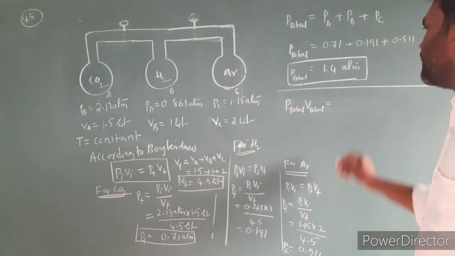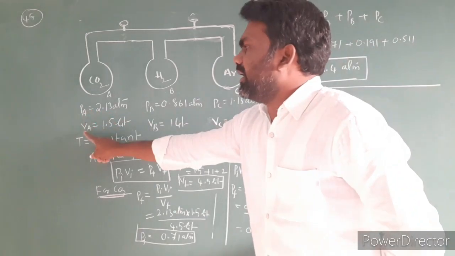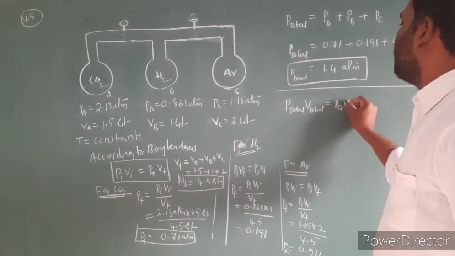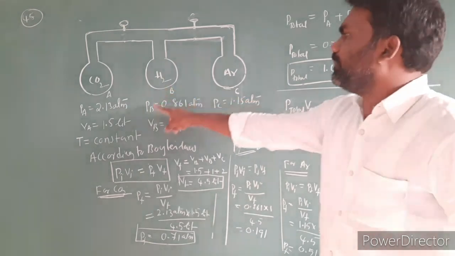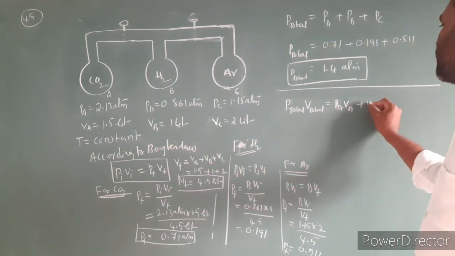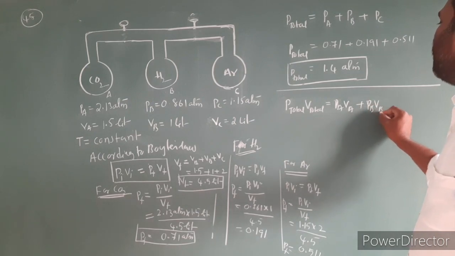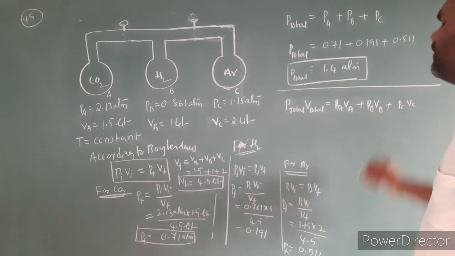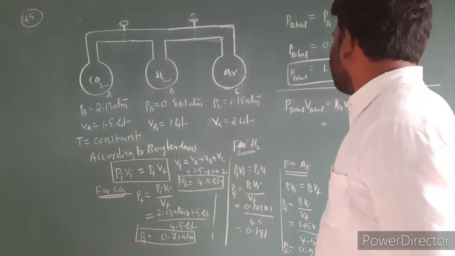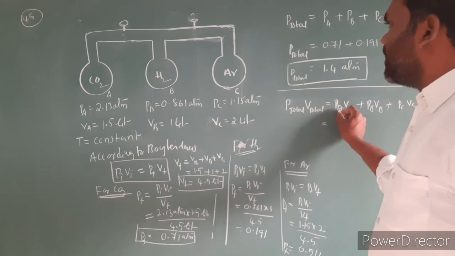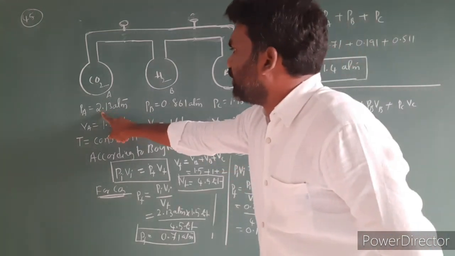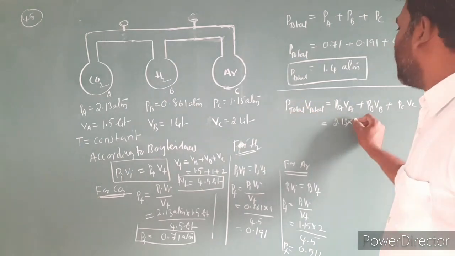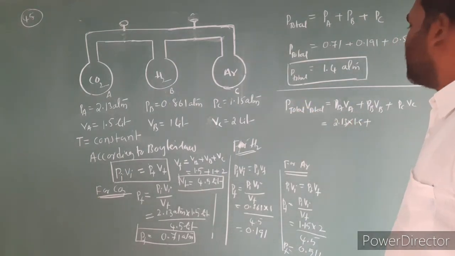P total V total is equal to PA VA plus PB VB plus PC VC, isn't it? Then that is equal to PA, how much we got? PA is 2.13. So 2.13 into VA, which is 1.5, plus.